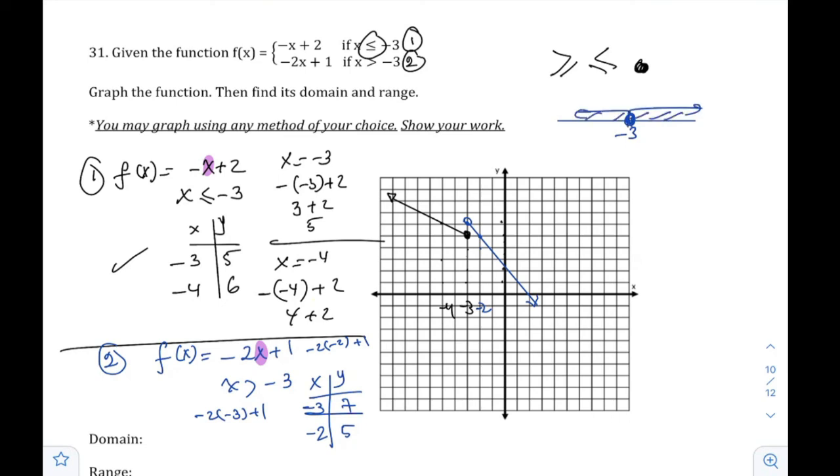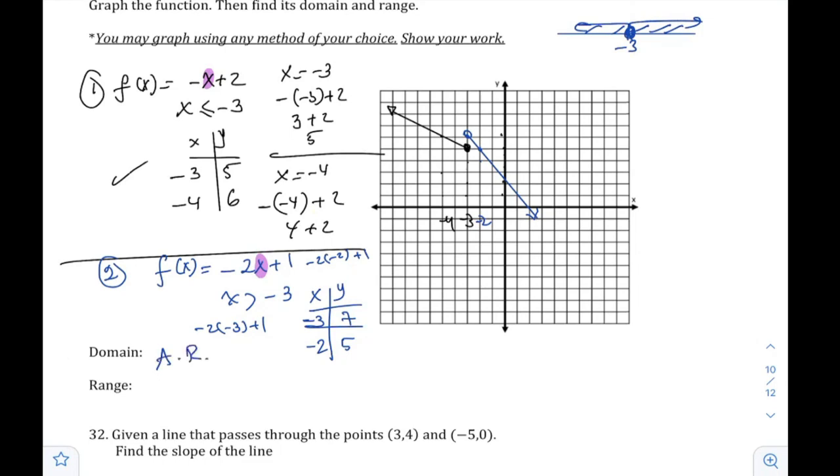So my domain is all real numbers. Now, my range will also include all real numbers, since I have used this value and below, and also this value and above, the y value above and the y value below. That means I used all real numbers in y as well.